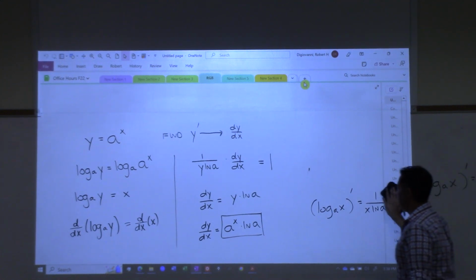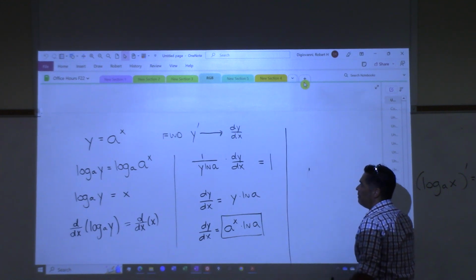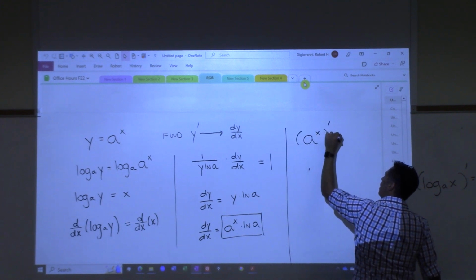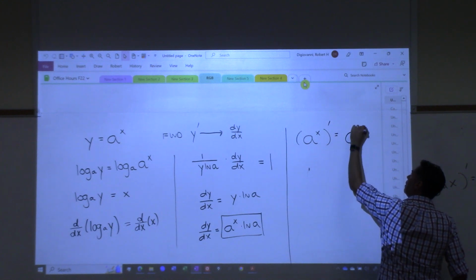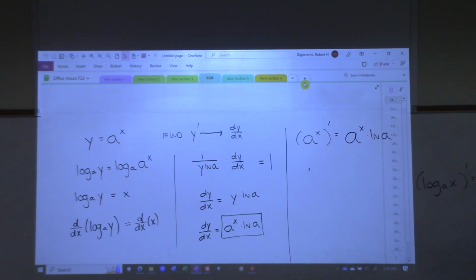The derivative of a to the x is what? Itself times natural log of a. That's the formula, and that's in your formula sheets.